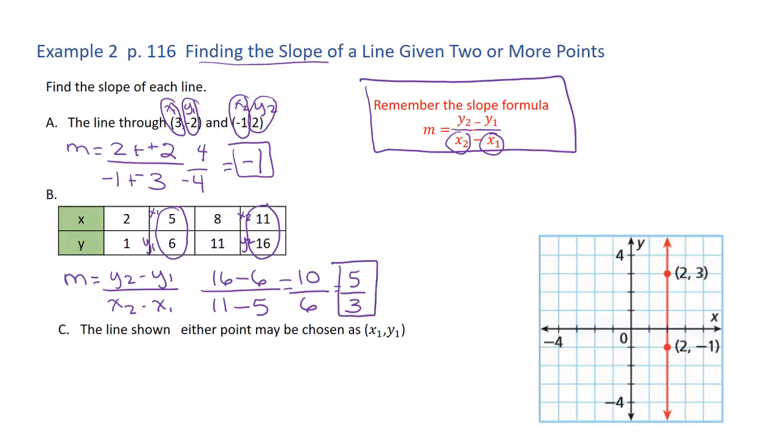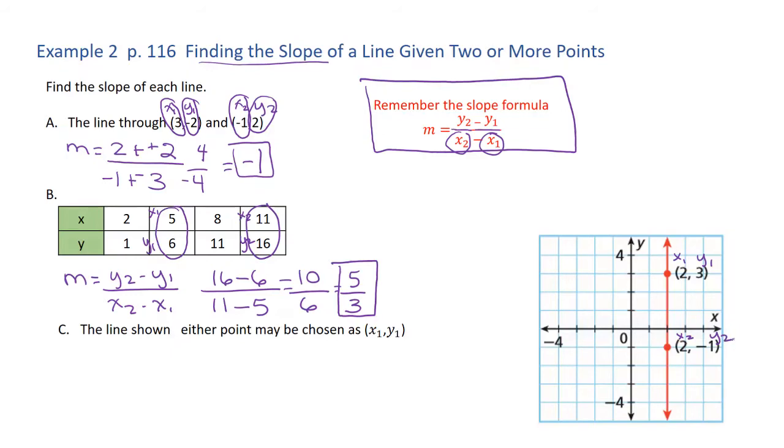All right, now we have another problem that says the line shown. So we're going to use this line over here. Either point may be chosen as x1, y1. So let's make this x1, y1, and let's make this x2, y2.